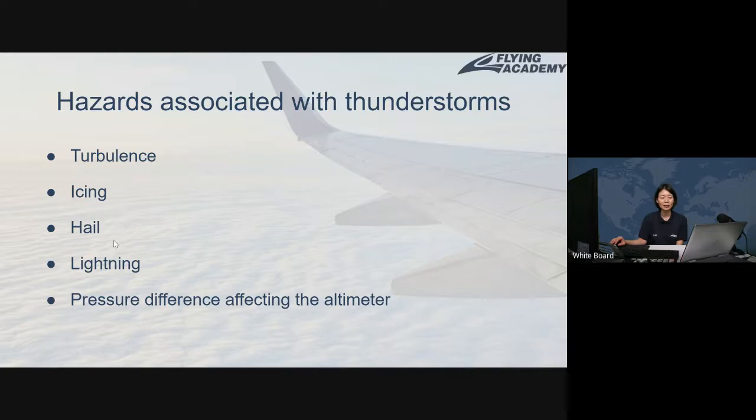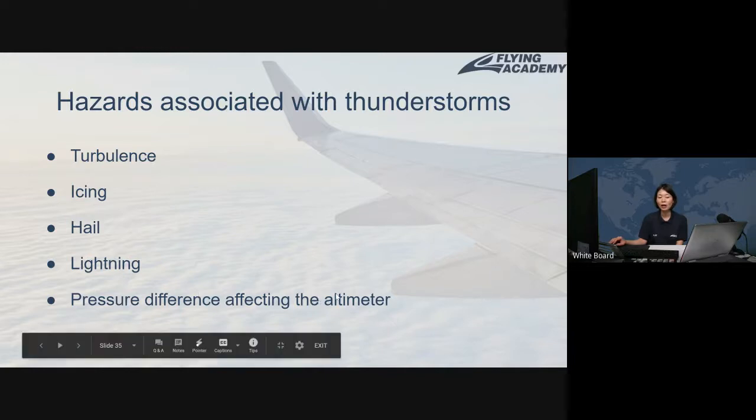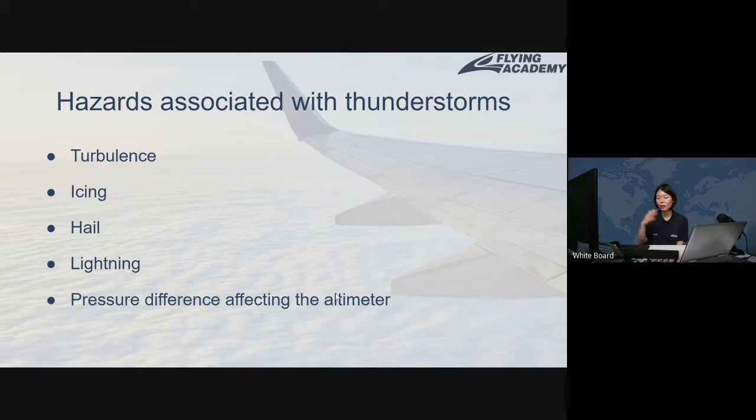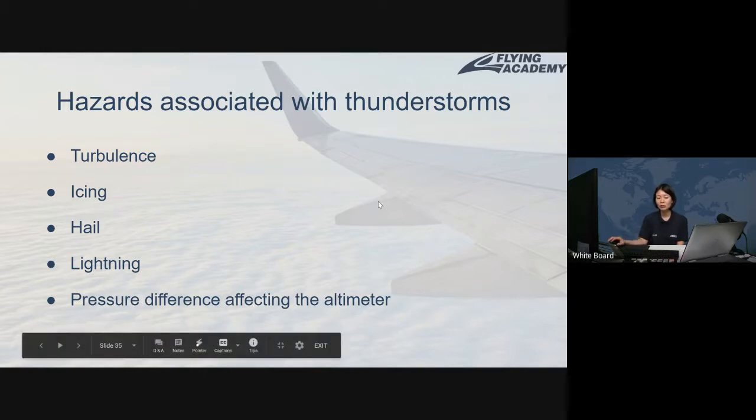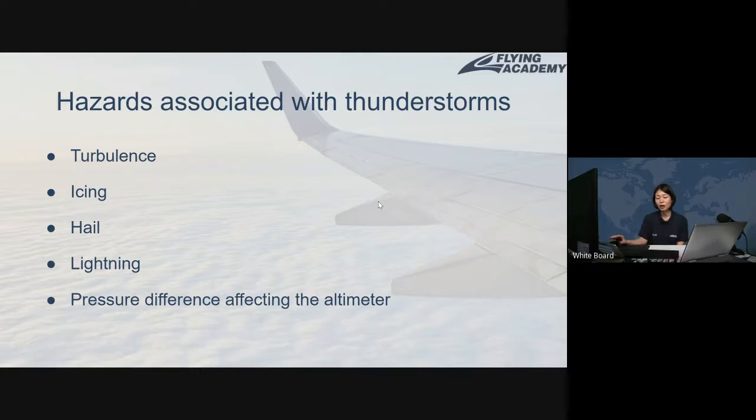Then hail, lightning, and the pressure difference affecting the altimeter, because inside there are huge pressure differences. Your altimeter is going to keep fluctuating because our static port senses different pressures. So you can't really rely on your altimeter, and you need to be careful.